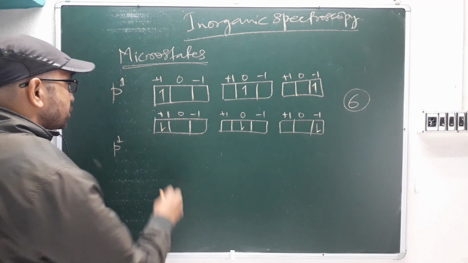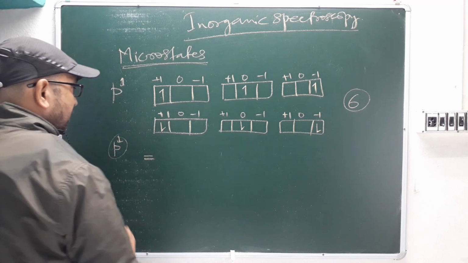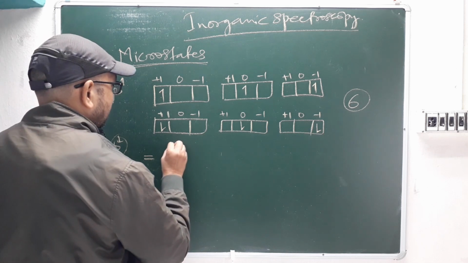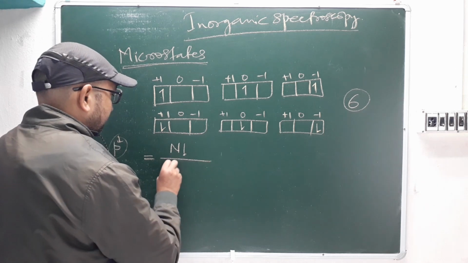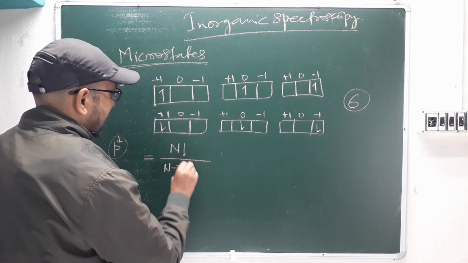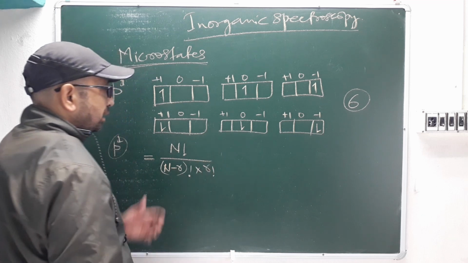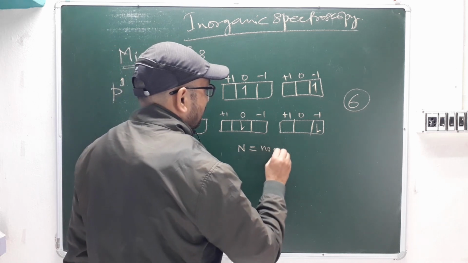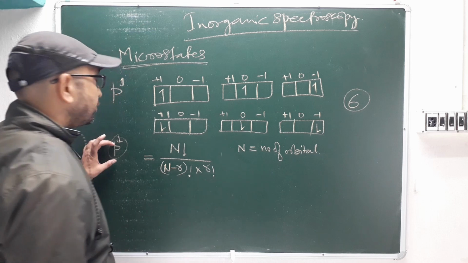So how are we going to find the number of microstates for any number of electrons or any orbitals? This will be n factorial over (n minus r) factorial into r factorial. Here, what is n? N is the number of orbitals, suppose you are taking p.